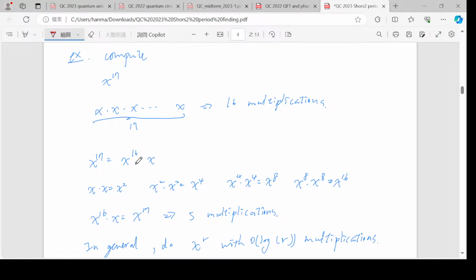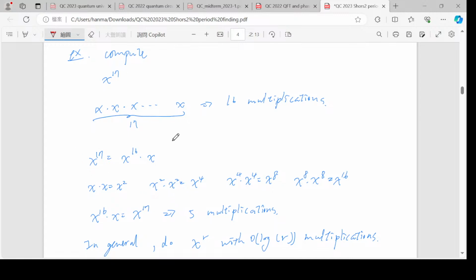So instead of doing 16 multiplications to get x16, we only need to do 4. And then to finally get x17, you just do x16 times x, another multiplication. So instead of 16 multiplications, you only need to do 5 multiplications, 1, 2, 3, 4, 5, to get x17.